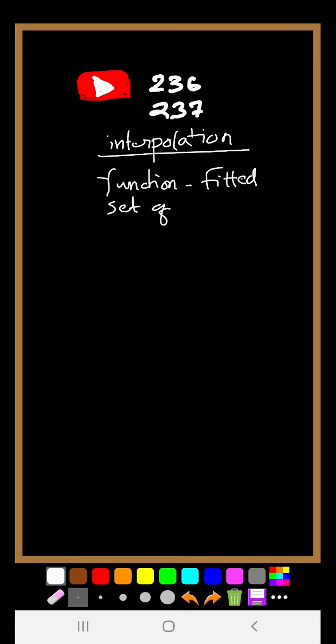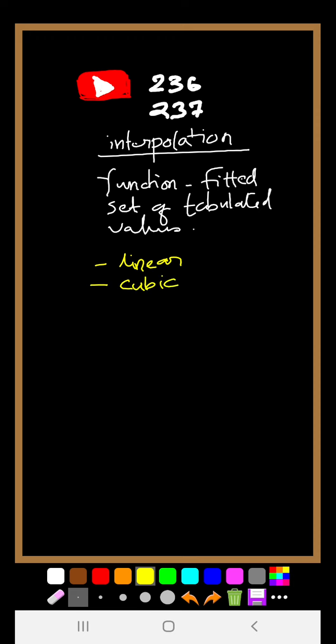That means how a function may be fitted to a set of tabulated values. And we discussed two types of interpolation. One is linear interpolation, and another one is cubic interpolation.